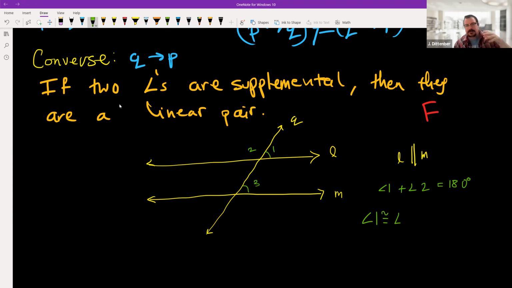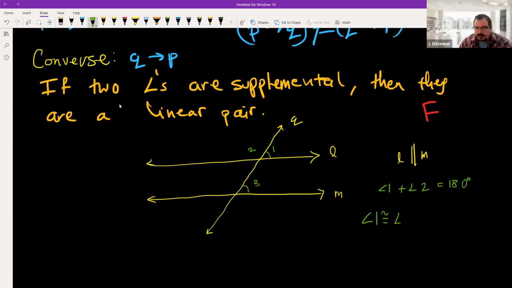The conditional statement is, if two lines are parallel, then their corresponding angles are congruent. And in this case, the converse is also true. But I'm giving you an example now where the converse is not true.